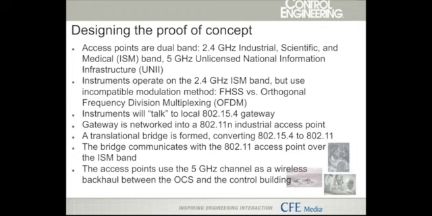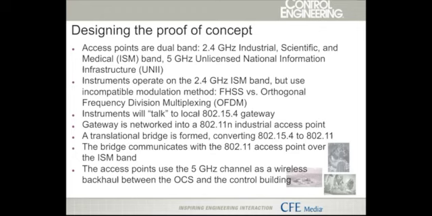But that system uses frequency hopping spread spectrum, a modulation technique where the transmitter hops from center frequency to center frequency, versus 802.11 Wi-Fi, which uses OFDM, orthogonal frequency division multiplexing.